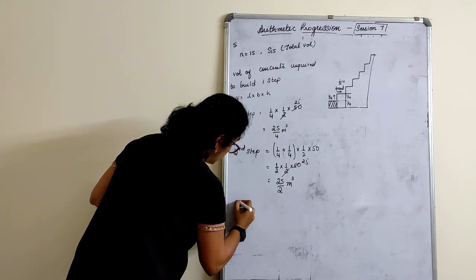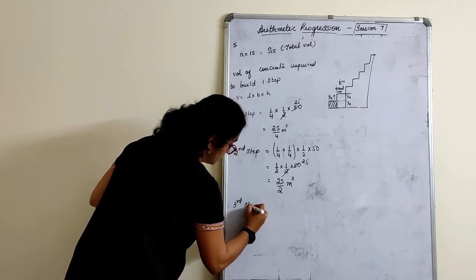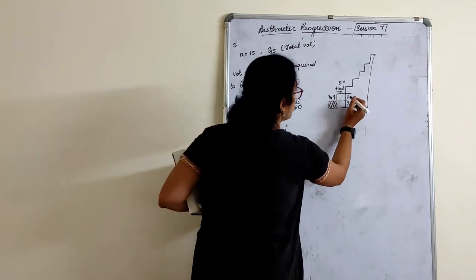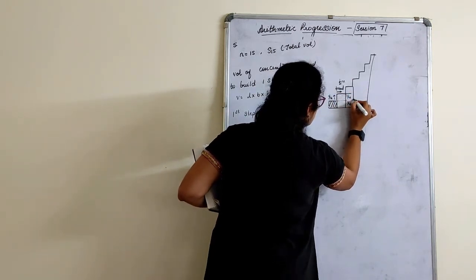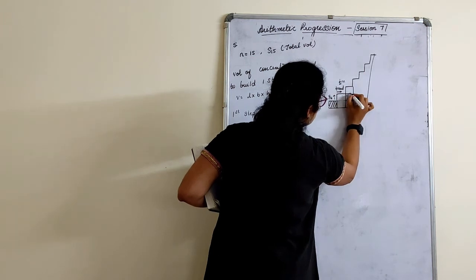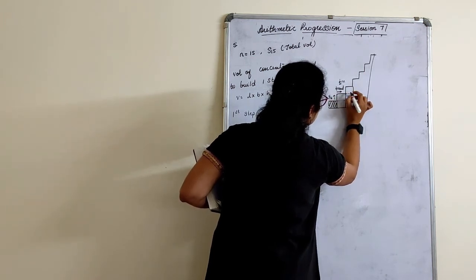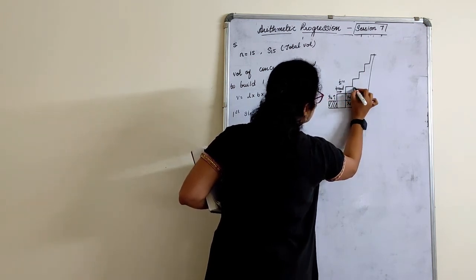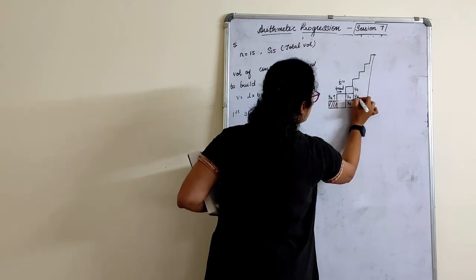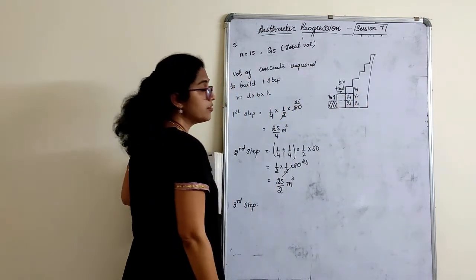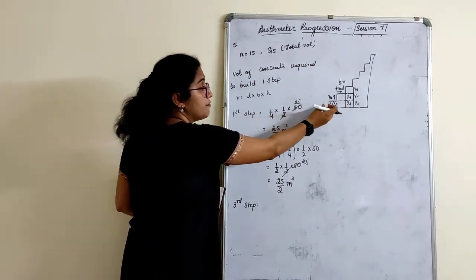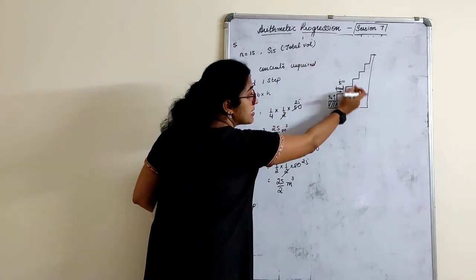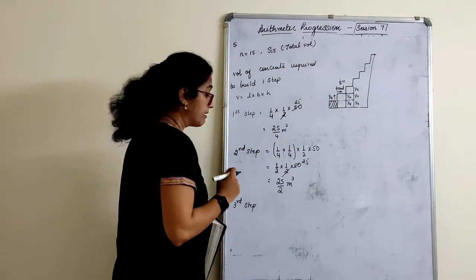Third step I will tell you now how. See here, for the third step actually, what we will do is this much we have to do. So this much means this is one line, this is one line, so it is 1/4, 1/4, 1/4, right? The tread will be the same, but the rise will be of this step measurement and this step. 3 times the rise we are calculating there.